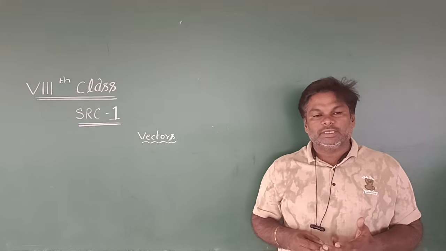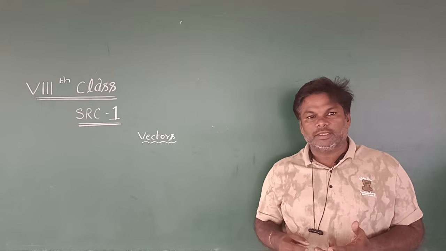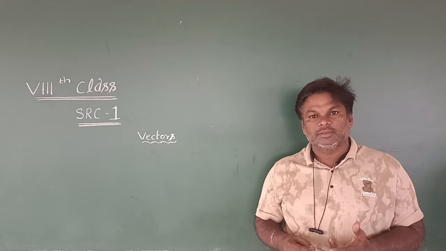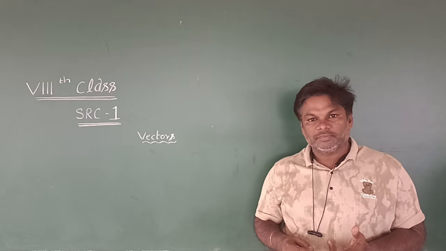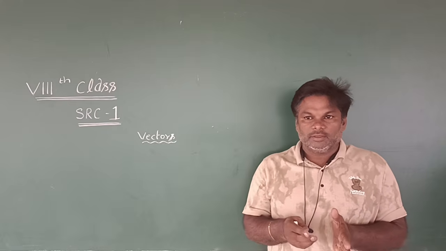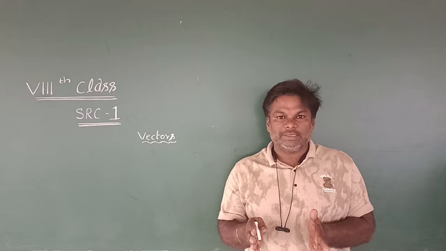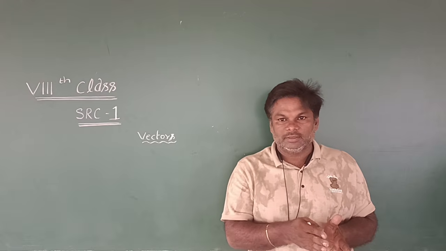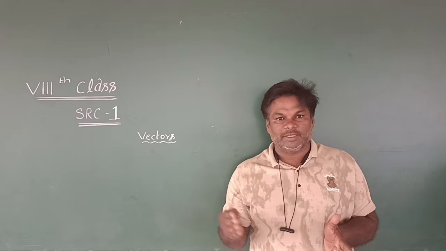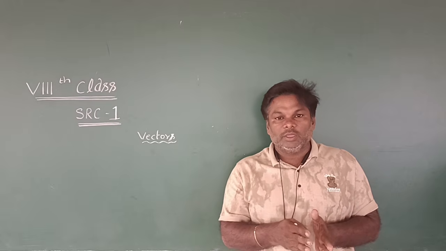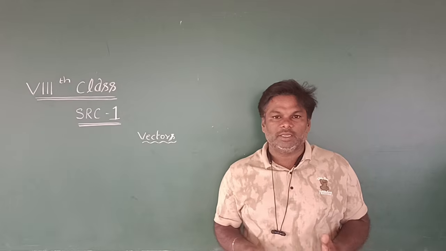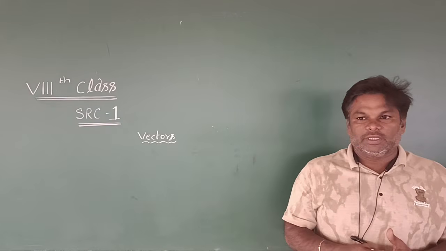To measure distance, displacement or length, whichever it is, we are using millimeters, centimeters and meters. So here we know some physical quantities like mass, time, distance or displacement. All these things are measurable. So we are calling those as physical quantities.